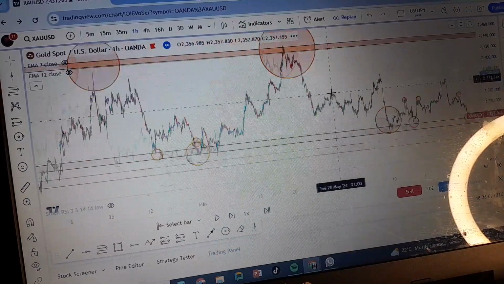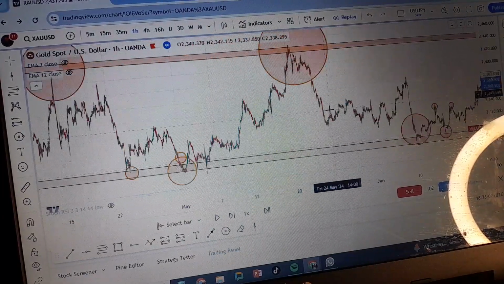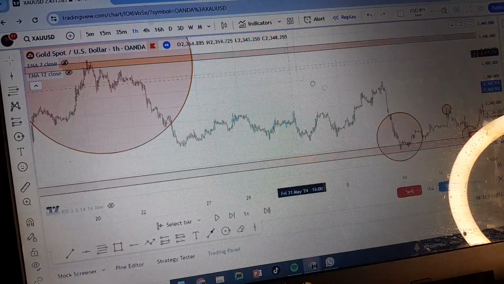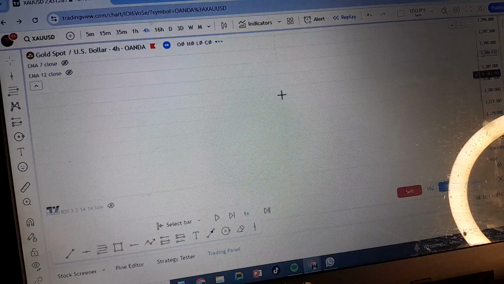The same applies on the upper boundary, or resistance rather. We can also zoom in and see if we can be able to catch this. Just a minute. The circle seems bigger.